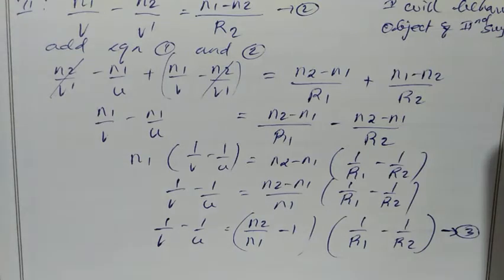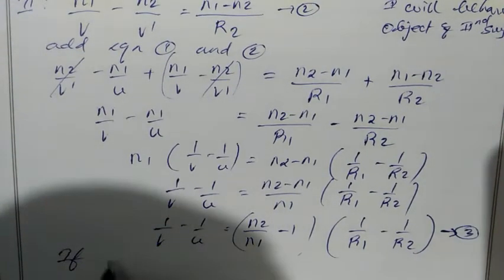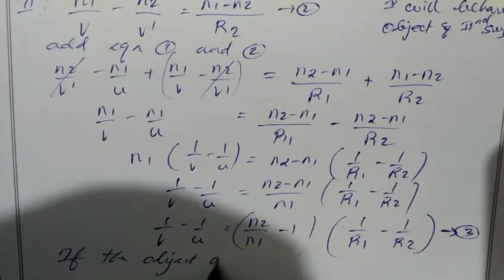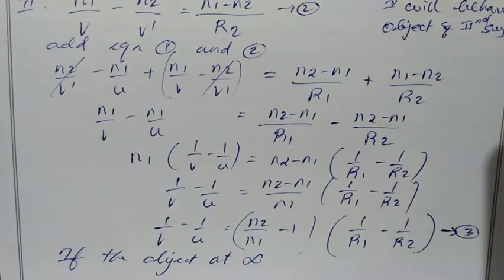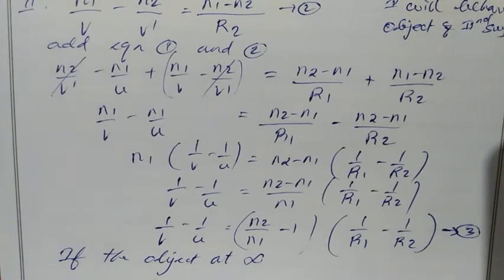If the object is at infinity, tell me now what happens. See the ray diagrams. If the object is at infinity, what will happen? If you look at the ray diagrams, when the object is at infinity, then we have the image exactly at the focus point. Correct?